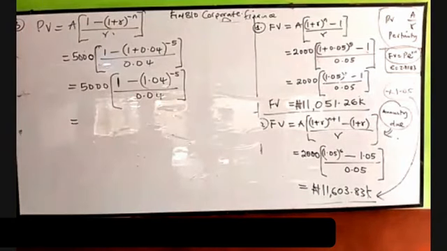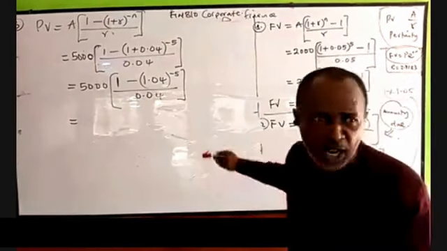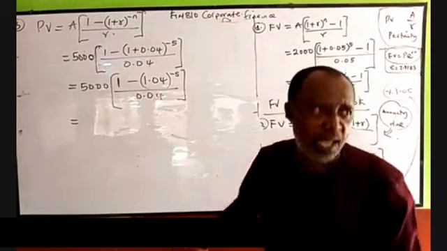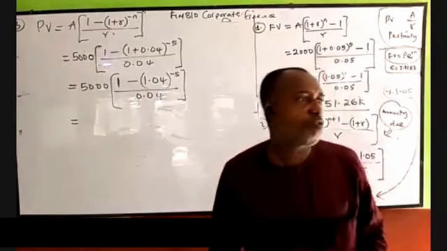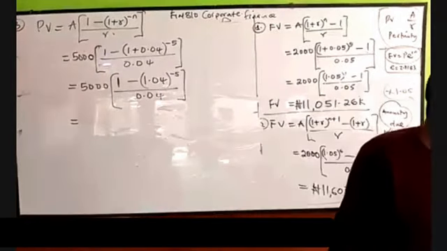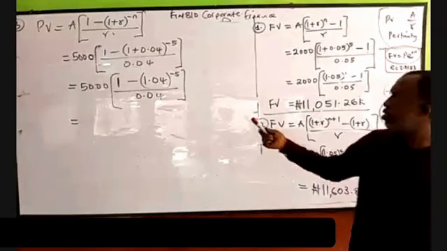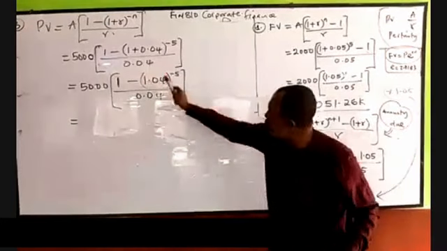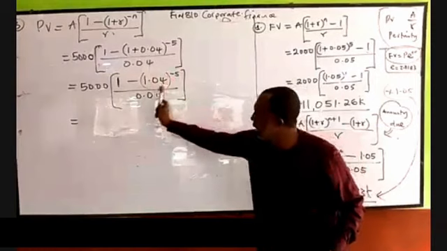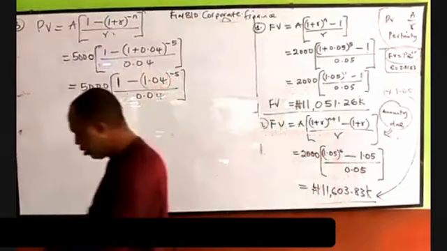Is it correct? You have to close the bracket. If you don't close it, it's not right. I've told you what to do: raise to the power. You must do it like that to get the right answer.